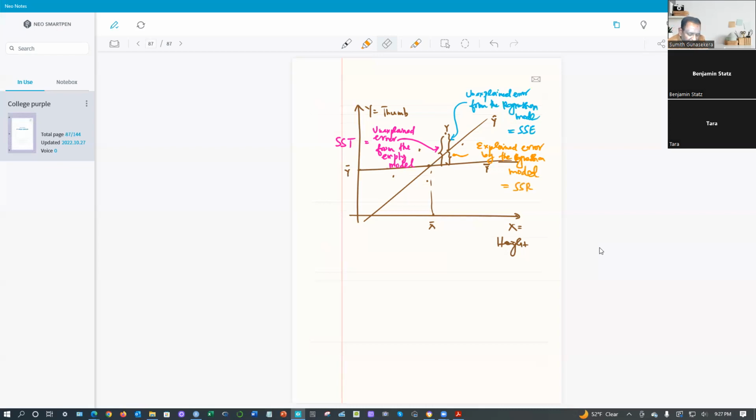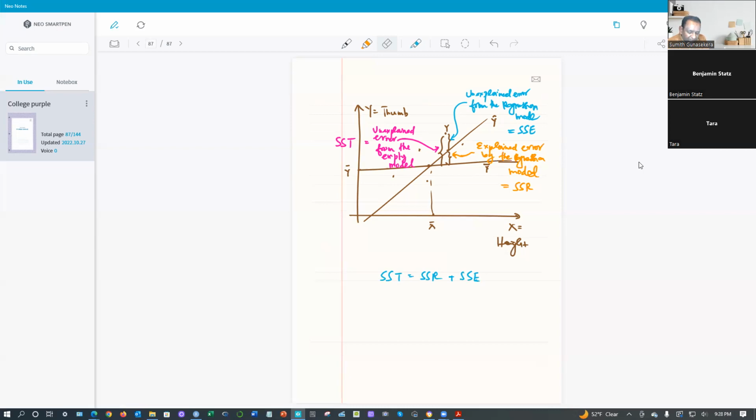So SS total is nothing but SSR plus the SSE.